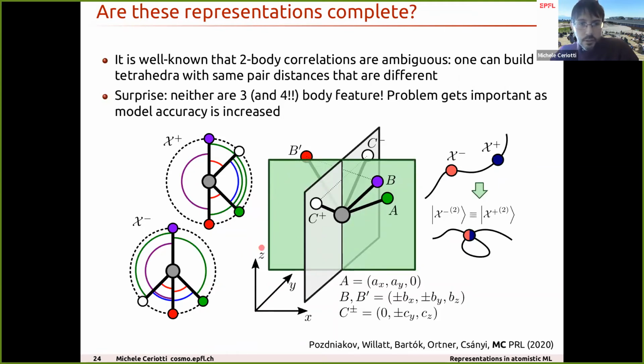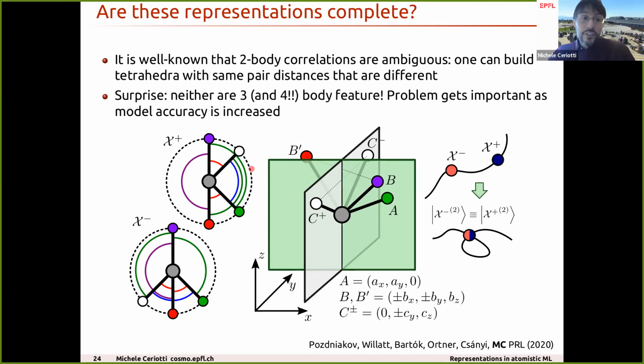And actually something which is less obvious, and that we figured out a couple of years ago, is that if you use these atom-centered descriptions, even if you use distances and angles to describe your neighbors, which, hand-wavingly, you might expect to give you enough information on the Gram matrix to be able to reconstruct the environment, you actually can find structures that are degenerate.